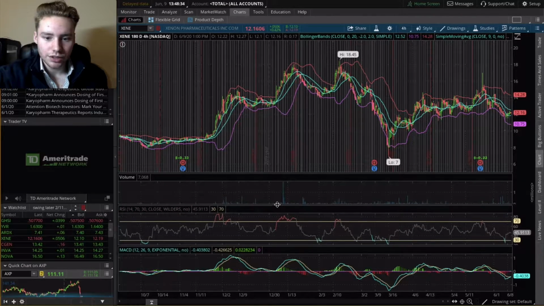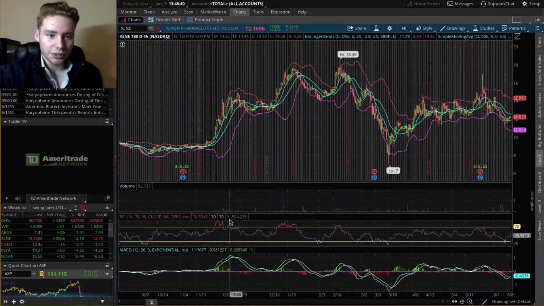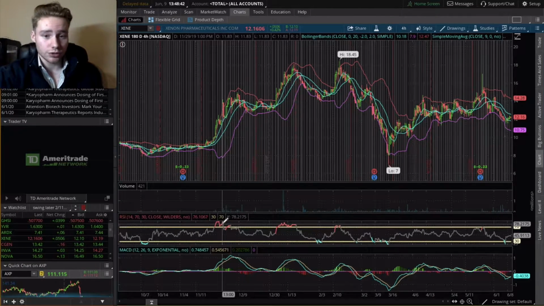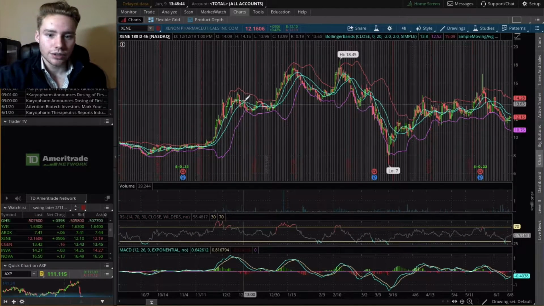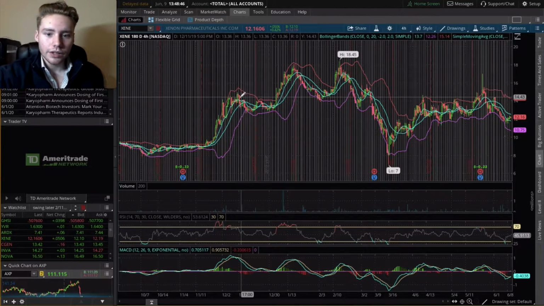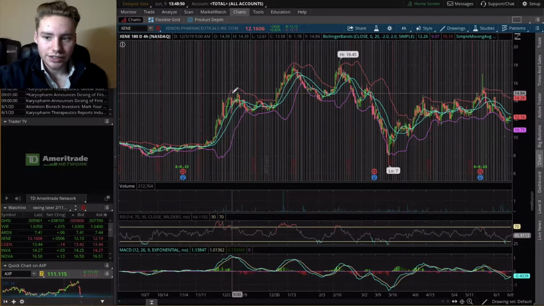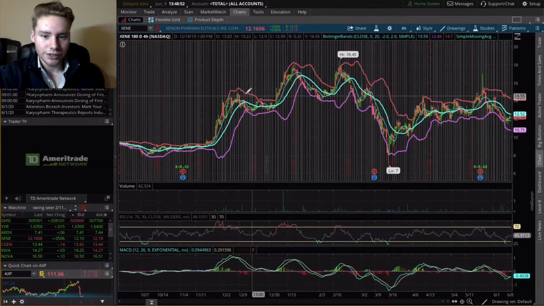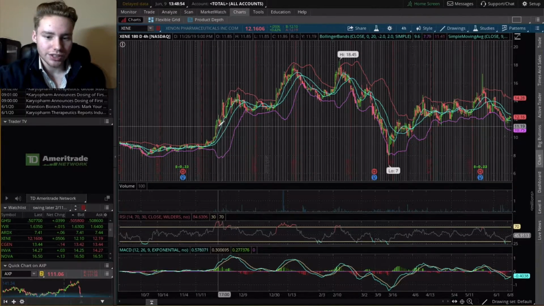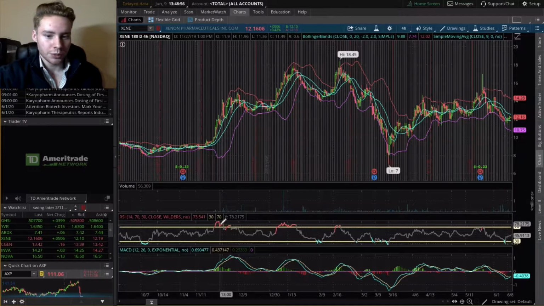But in terms of the RSI, you're really going to want to look at how overextended it is, how overbought, how oversold it is, and then compare that. So something like XENE, up here in this 1475-ish range is where it tops out, and you can see the RSI is following that very well.